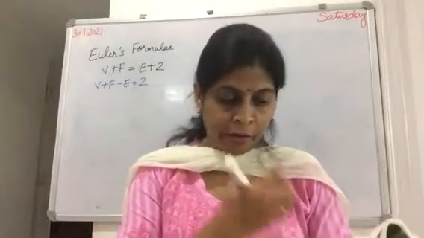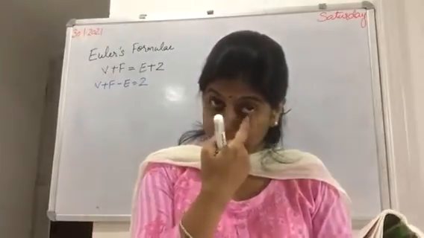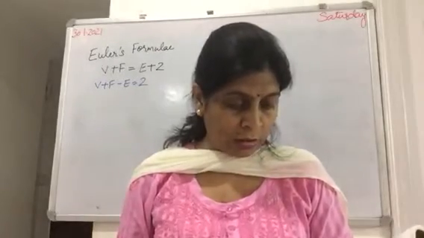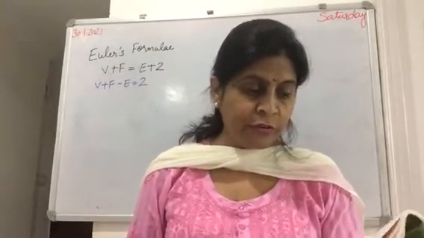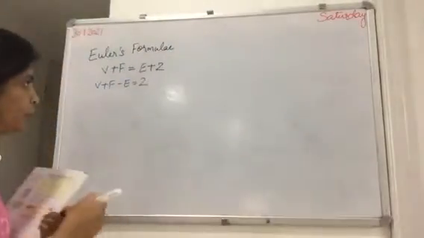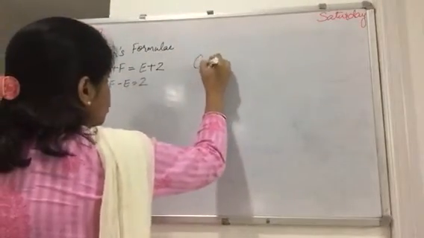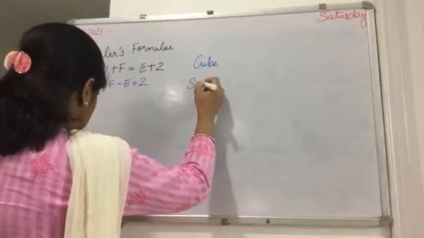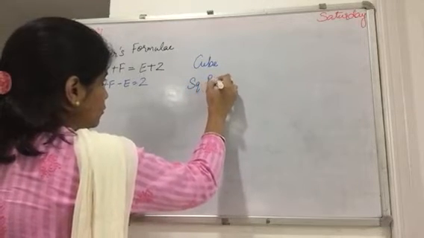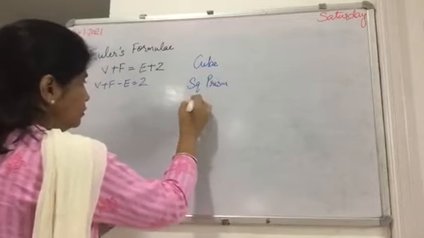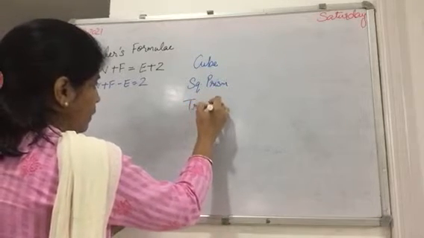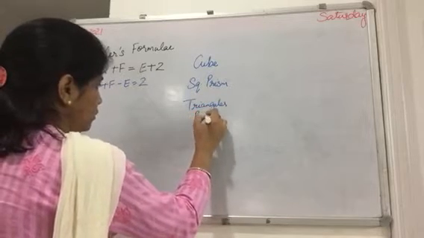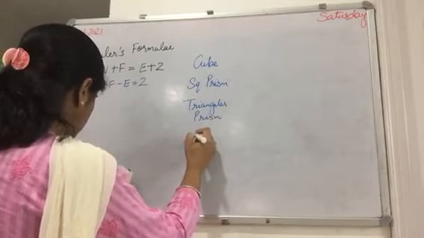Square prism, triangular prism and pentagonal prism. Let's make this table. So let's make cube, square prism, triangular prism and last, pentagonal prism.